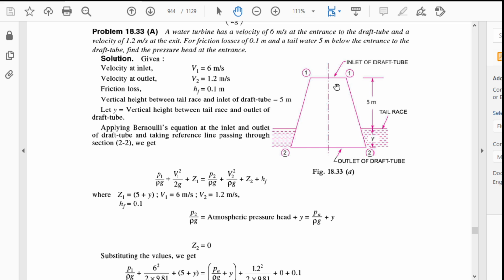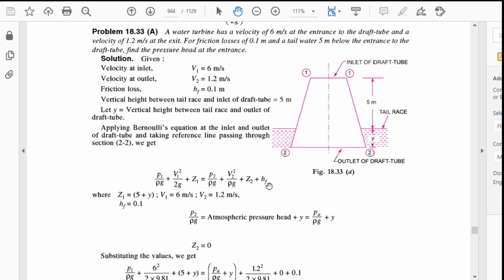At 1 it will be P1 upon rho g plus V1 square upon 2g plus Z1, equals P2 upon rho g plus V2 square upon 2g plus Z2 plus hf, as this is the outlet of the turbine draft tube, so we have to take the head loss hf.